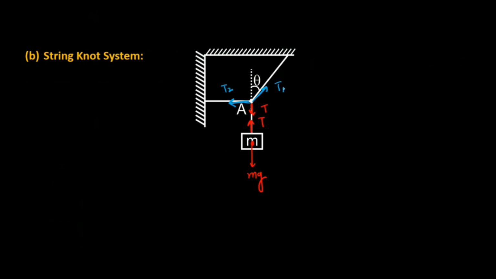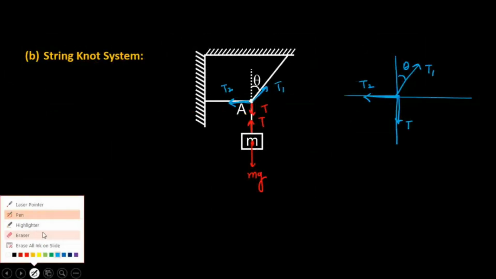So I can assume that T1 and T2 will be acting in these 2 ropes. Now try to look at the directions of the forces. This angle is theta.